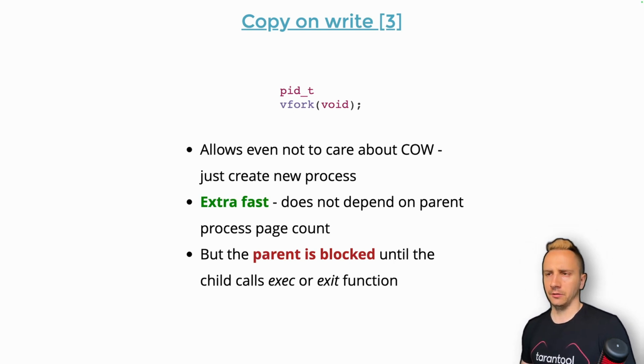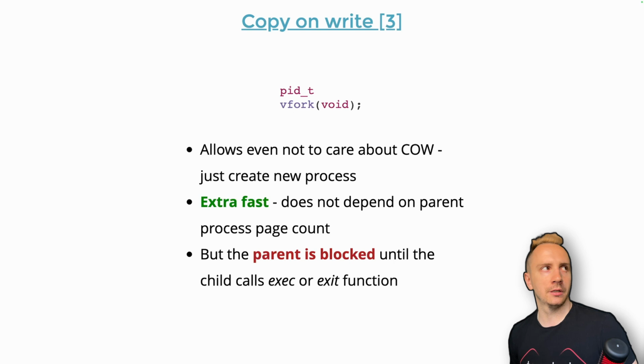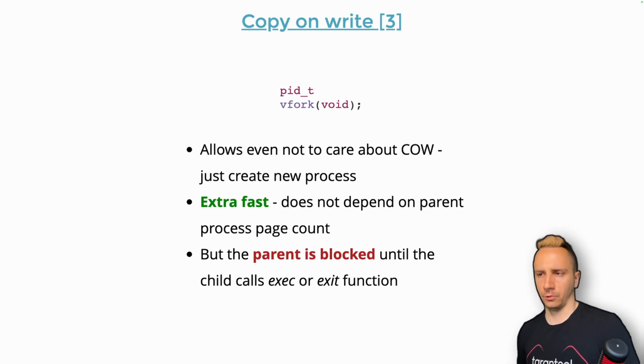And also another downside is that when you call vfork, the parent process, the parent task, is blocked, frozen, stopped, until the child process either exits or calls one of those exec functions. This way, the kernel tries to guarantee that two processes at the same time will not try to run on the same memory.